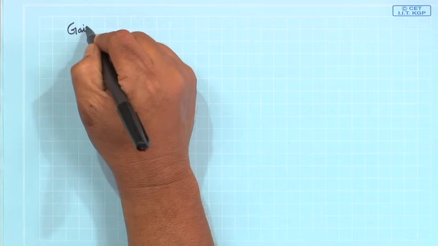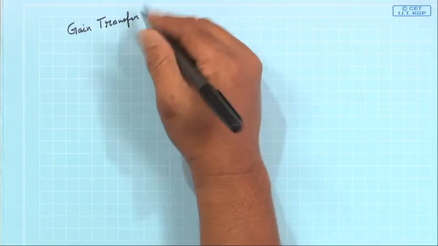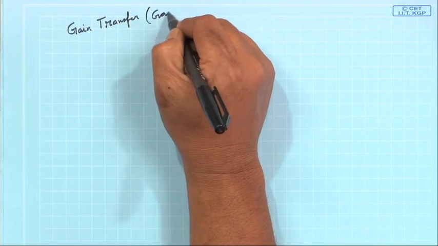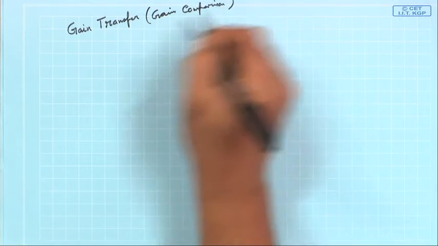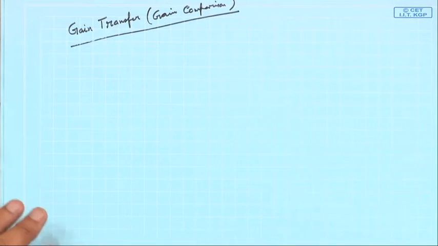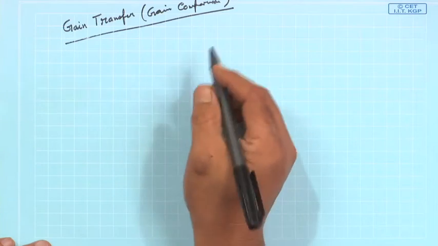Now, I come to another, more popular method, called the gain transfer method of antenna measurement, or gain comparison. Actually, this requires only one unknown antenna, any antenna's gain can be measured, you only require a known gain antenna.